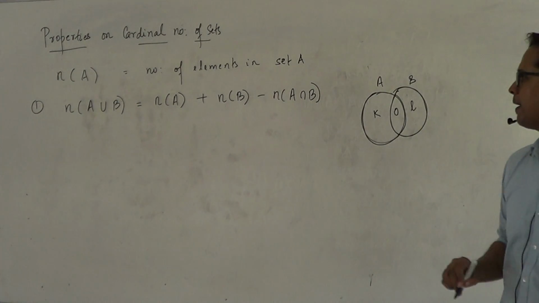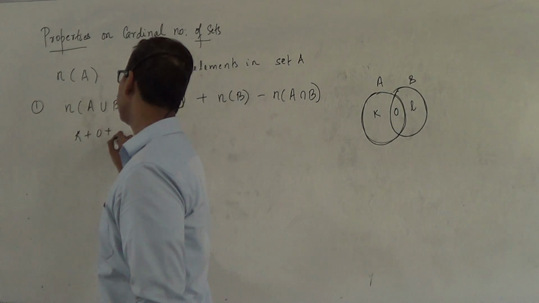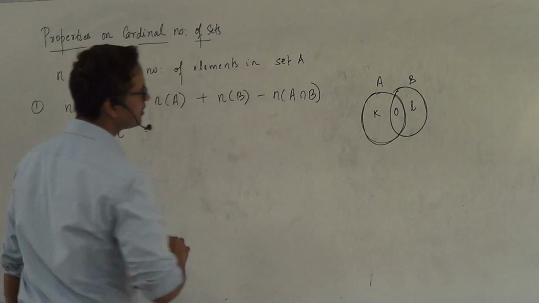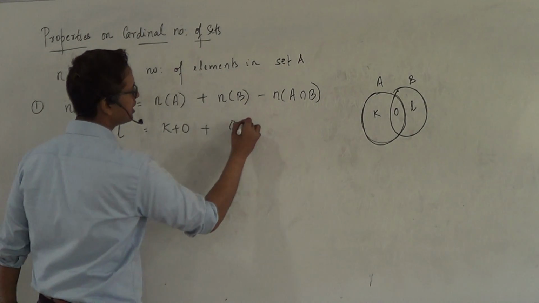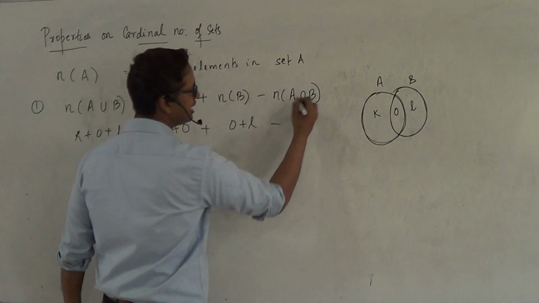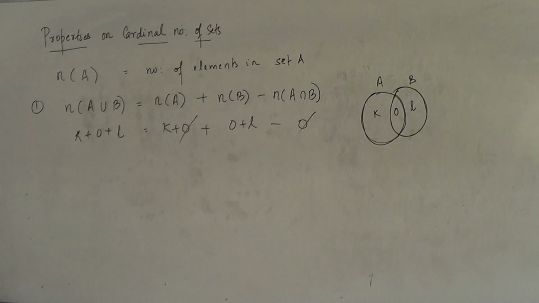Now I want K plus O plus L, which is nothing but n(A), which is K plus O, plus n(B), which is O plus L, minus the intersection, which is O. So the left hand side equals the right hand side, right? Now this property can be extended even for 3 sets.